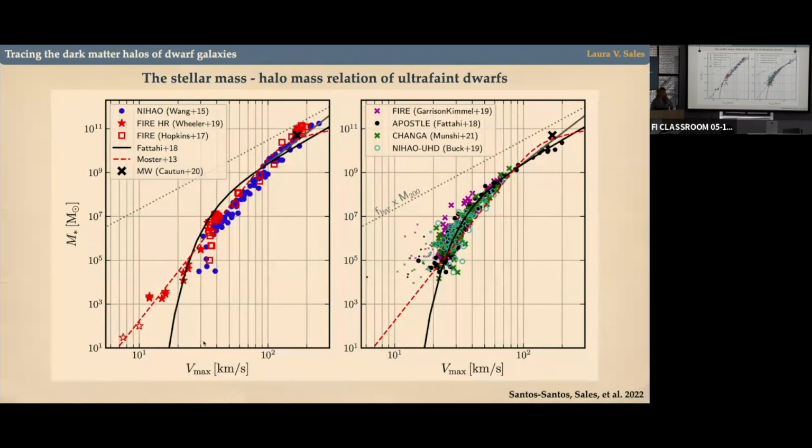Instead of halo mass, what you're seeing here is the velocity, the Vmax of the halo, and again, the stellar mass on the vertical axis. And so you could define this in two different ways. One, you say, well, there is actually an extrapolated power law between these two quantities.